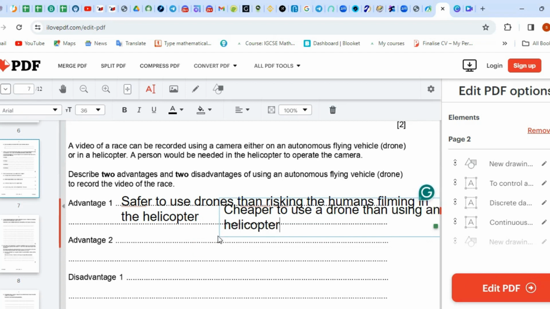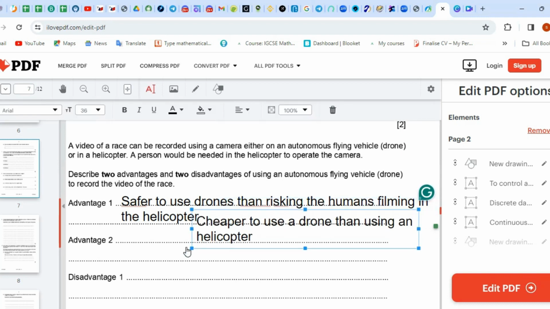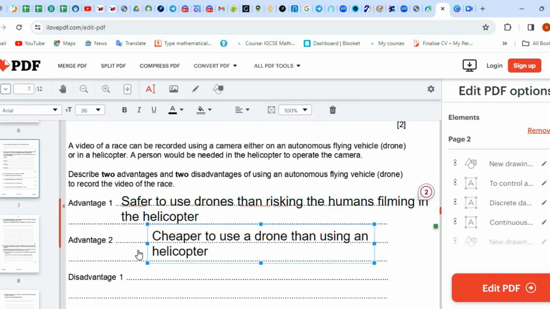It's cheaper to use a drone than using a helicopter.